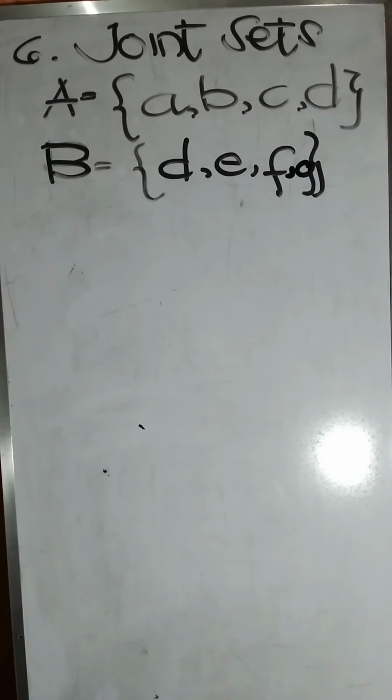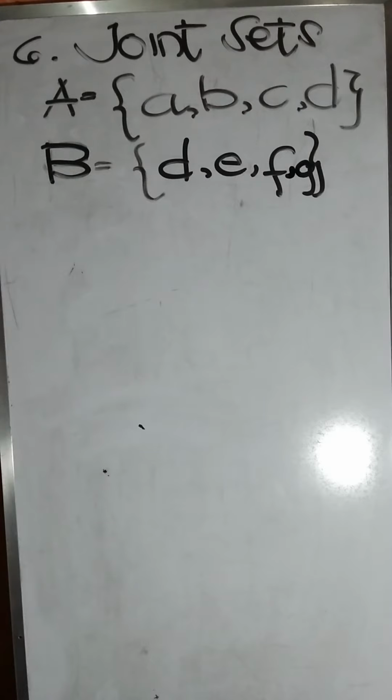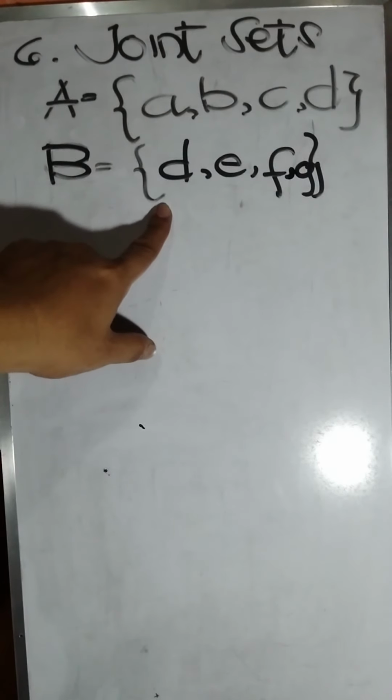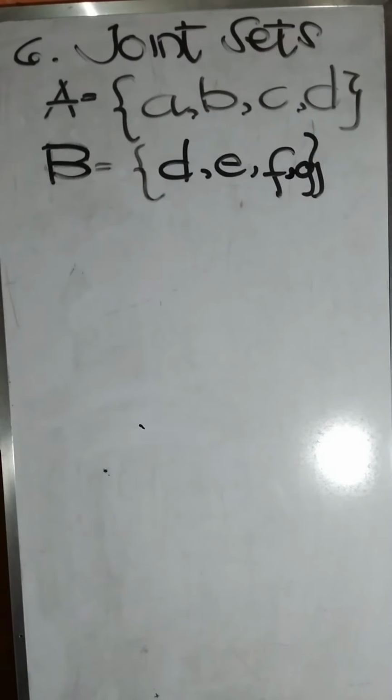Kasi meron siyang 4 na elements, 4 din to. So, they are equivalent sets. Pwede rin natin siyang tawaging joint sets dahil parehas na merong letter d. Okay? Pwede yon minsan. Kunwari, test natin, nakasulat: What kind of set? Set A is a, b, c, d. Set B is d, e, f, g. Pwede natin isagot dyan na joint sets and equivalent sets.